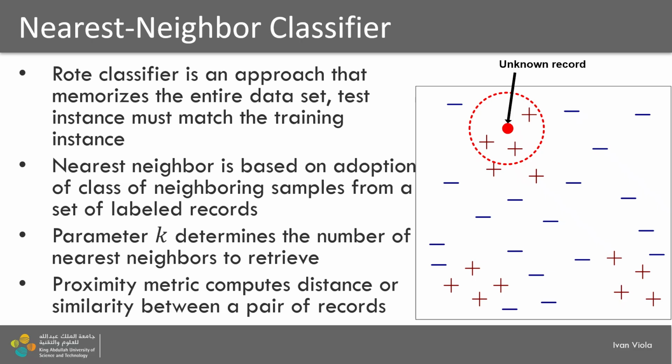A slightly different technique, which I will just mention very shortly, is based on a radius from an unknown record. Another parameter could be to define a proximity radius, which defines some kind of a multidimensional ball in the attribute space, and then all the records which are within the proximity ball will be used for categorizing the unknown record.